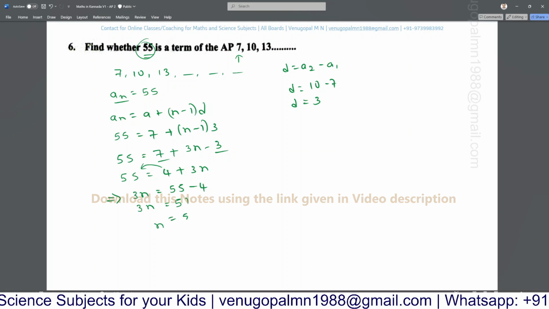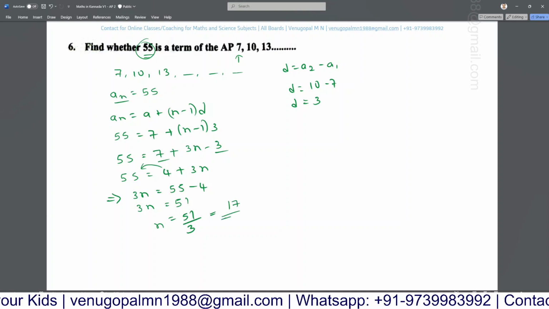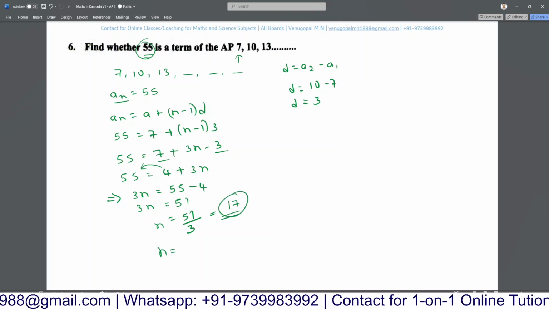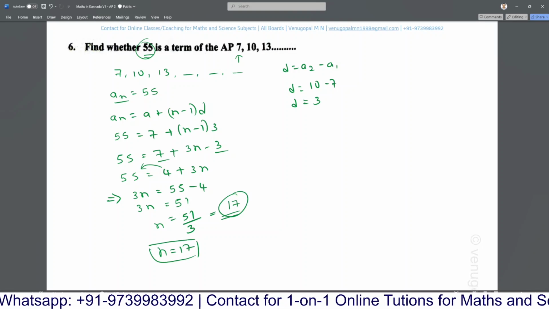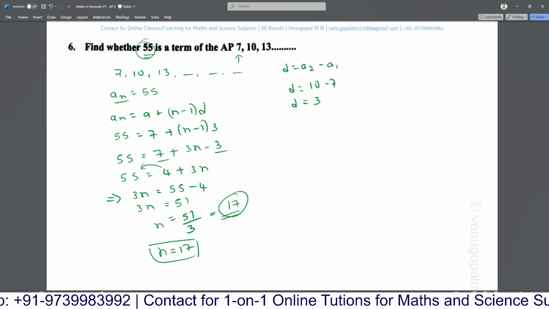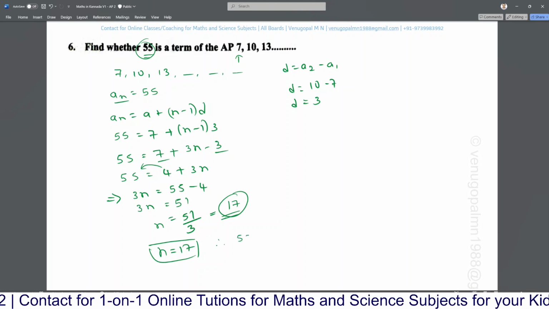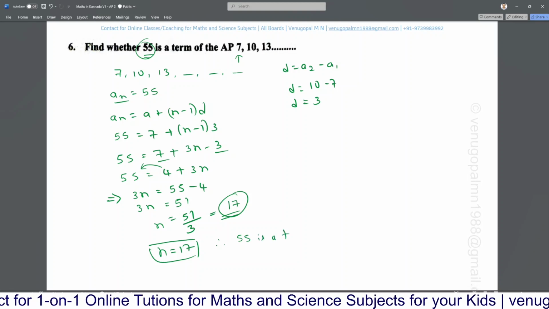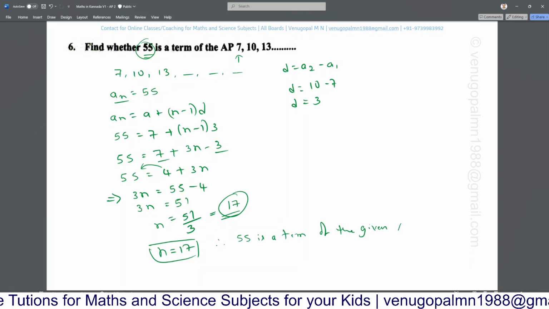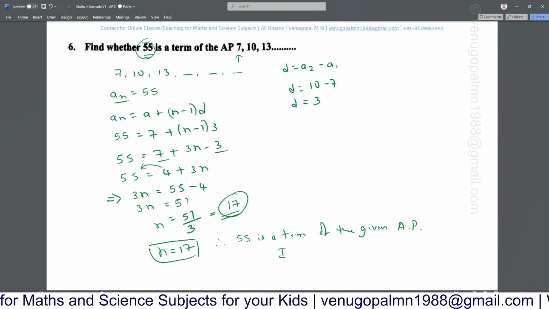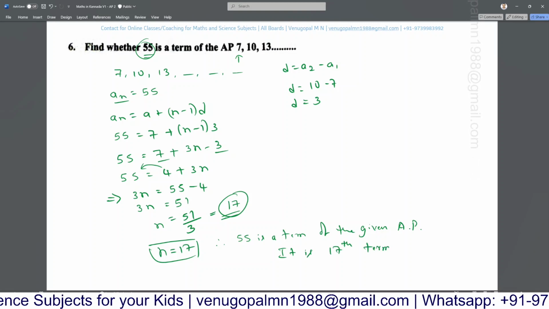N is equal to 51 divided by 3, which would be 17. So the n value is equal to 17, meaning the 17th term of our AP would be 55. Therefore, yes, 55 is a term of the given AP and it is the 17th term. Got it, guys?